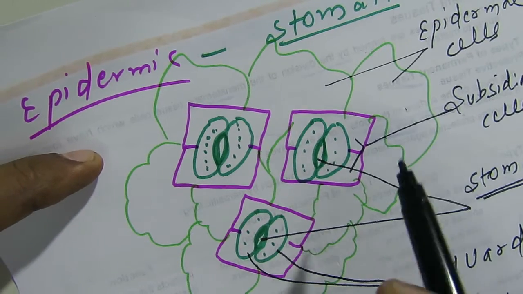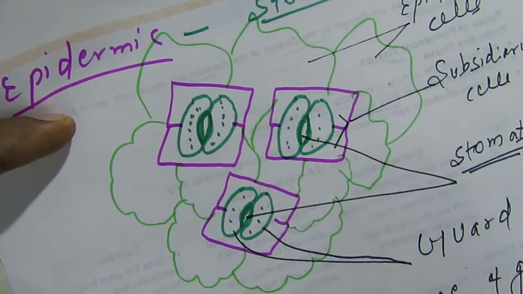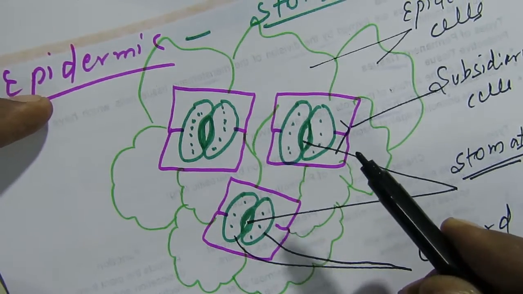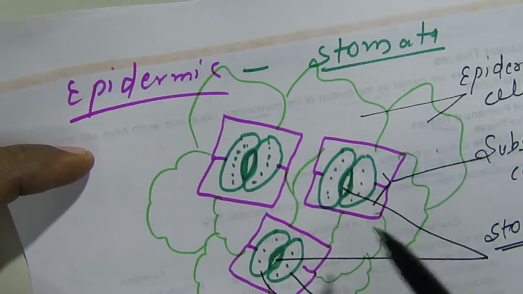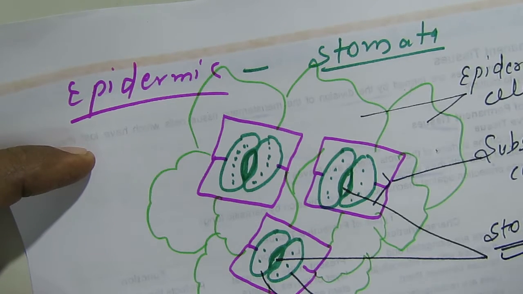But in some plants, for example rice, maize, the monocot plants, they are present on both surfaces also. Now if we observe the epidermis under a microscope, what will we find? This structure. You can find very tiny holes, and these holes are called stomata.